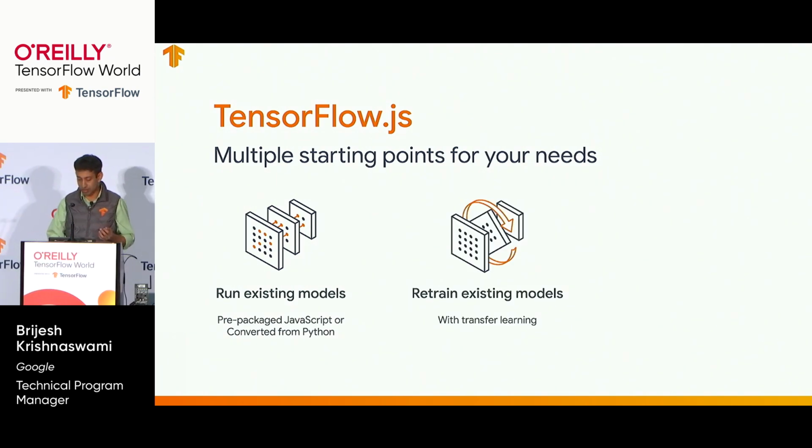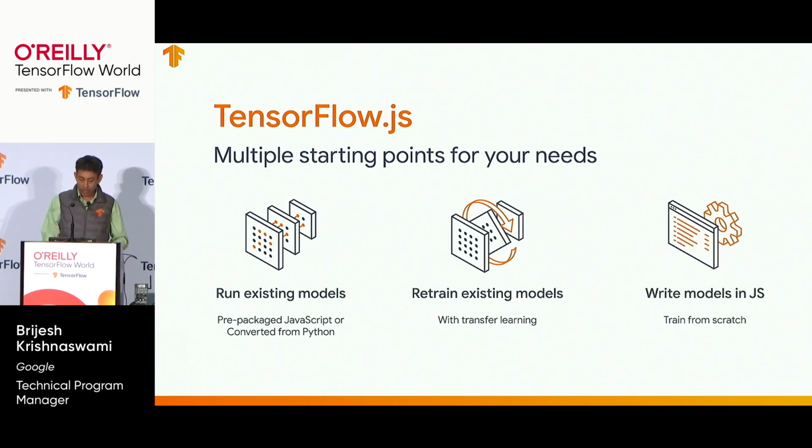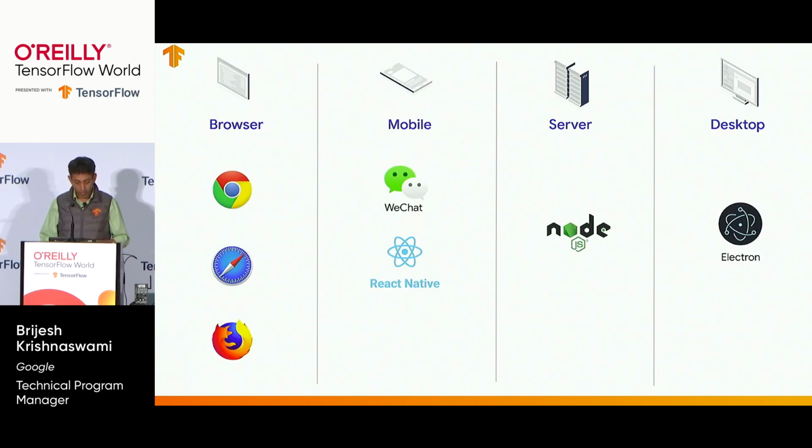That's the second starting point. Transfer learning typically needs a smaller data set for retraining, so that might fit your needs better. And the third starting point is you can build your model entirely from scratch with a Keras-like layers API and train it. You can train it either in the browser or on server with Node.js. So we are going to delve much deeper into some of these workflows today.